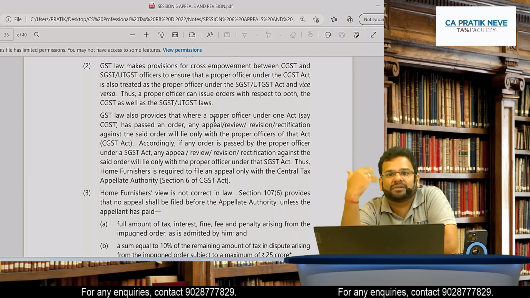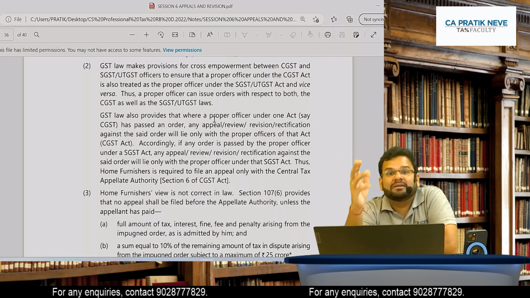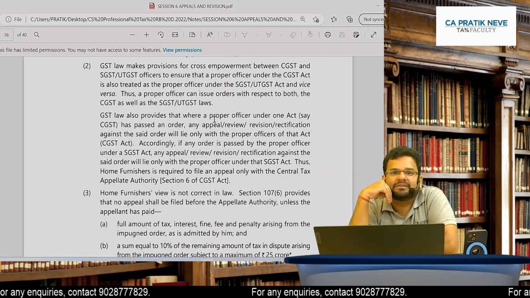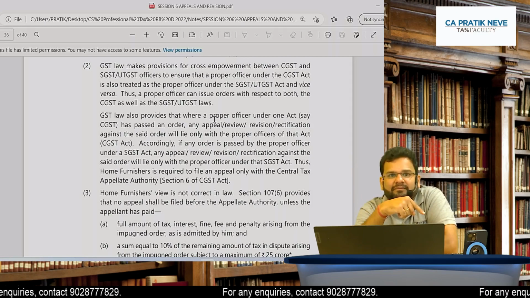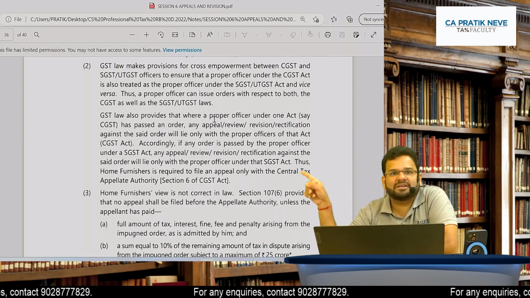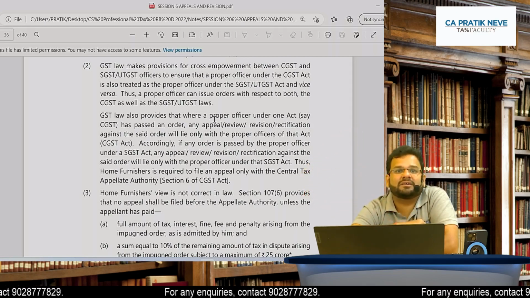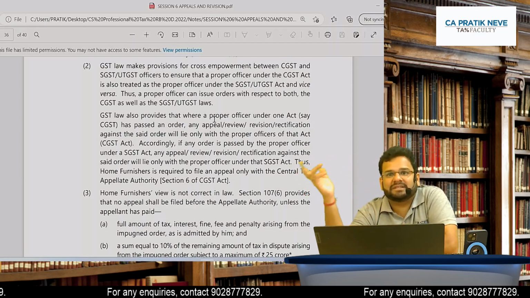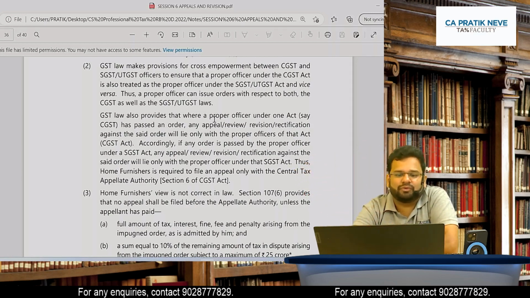Basically, there is a provision, just apply logic. There is a provision of deemed registration also in CGST Act, that once you have taken registration in HGST, it is deemed that you are registered under CGST. So there is no relation here direct, but why will they ask you to file two appeals?